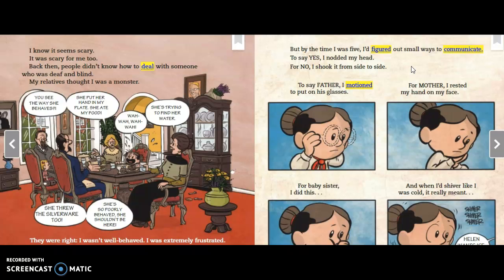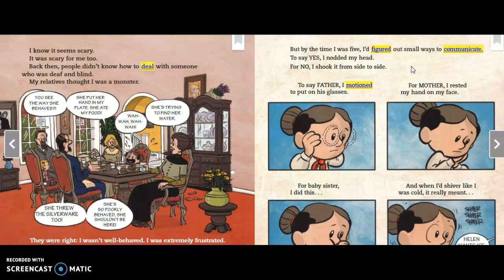So yesterday I asked you the question when we read this page, when Helen was 5 years old, how did she communicate with people? And we said that she nodded her head yes, shook her head no, and made actions that had meaning. So look at those pictures carefully at the actions that had meaning, and what do you notice about the text above each picture?